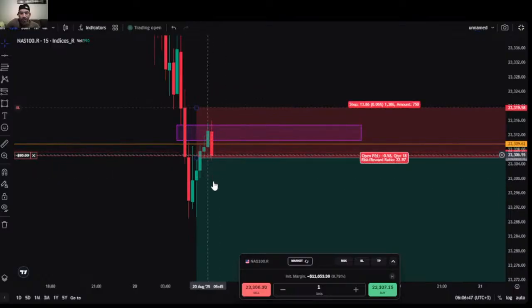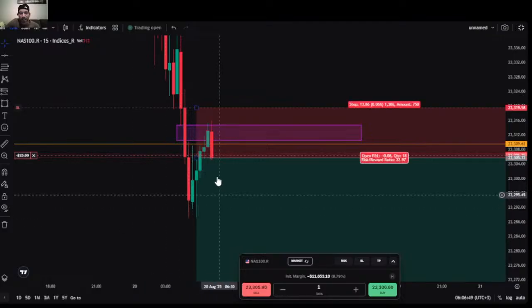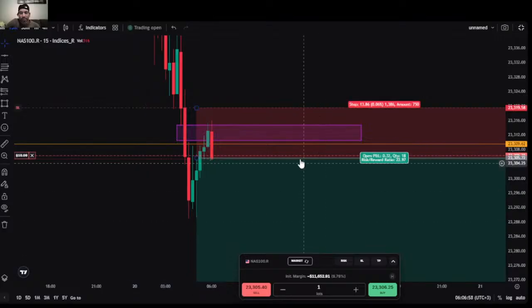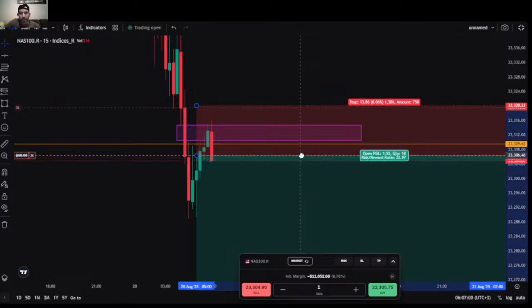I wouldn't want this thing to drive down to these wicks down here and you're stuck in that drawdown. This thing's supposed to be right here. There we go.